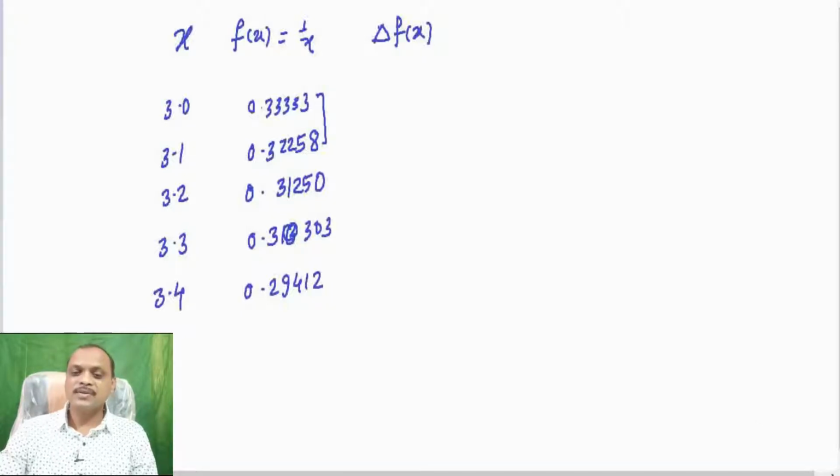So let us first subtract these two values. The first value here is 0.33333 minus 0.32258.